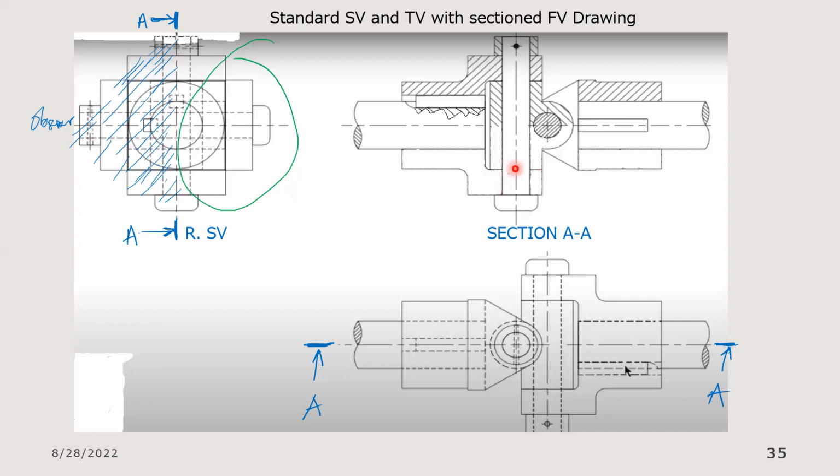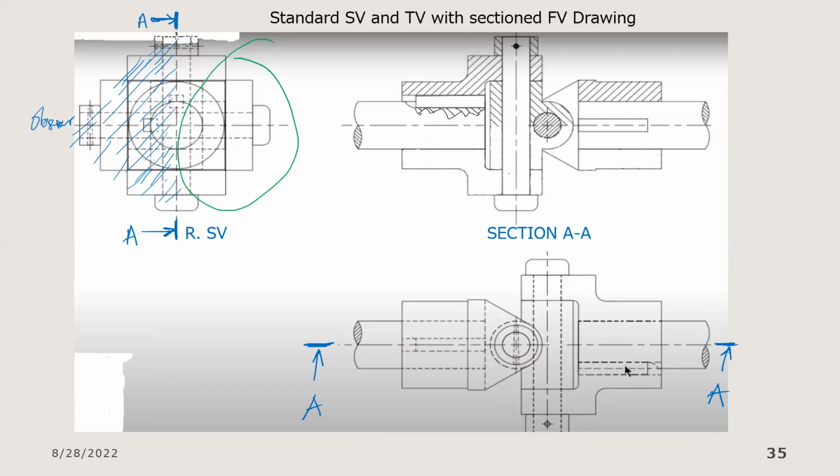We are leaving only the ones at the top. Remember, we can do that because we have a line of symmetry. Also, take very important note that around the key, we have created a broken out section. Take note, a broken out section.